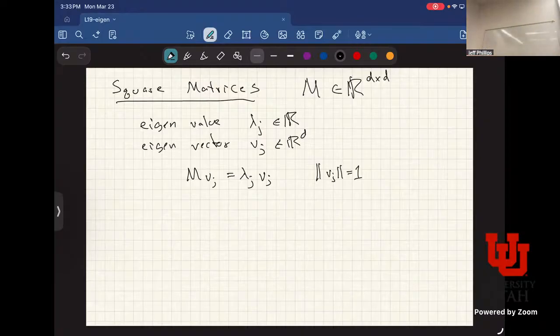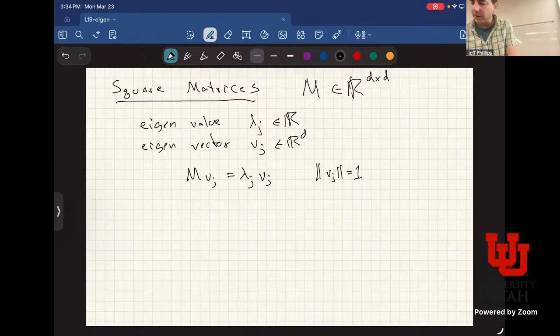So this is what eigenvalues and eigenvectors are. I start with the square matrix, and I need it square because if I do M times a vector, I want a vector back of the same dimension, scaled. In fact, it's the same vector, pointing in the same direction. This is what makes these eigenvectors special.